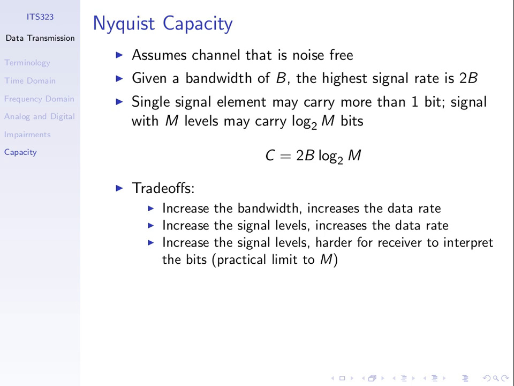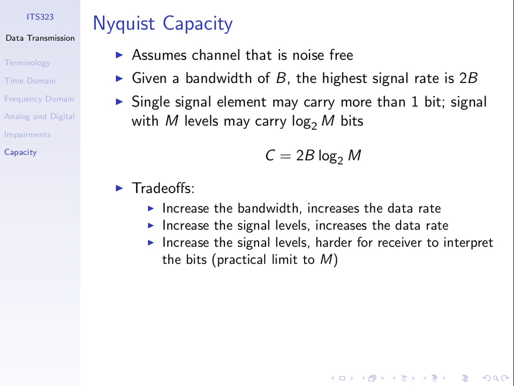Data rate equals signal rate times the number of bits per level, either 1 bit per level or 2 bits per level. And that's what this part is, this log 2 of m. If there are m levels, if there are 2 levels, it's multiplied by 1. If there are 4 levels, it's 2. If there are 8 levels, it's 3.